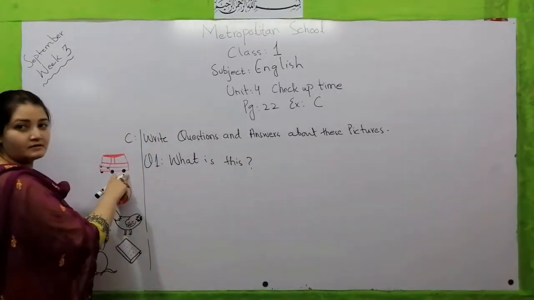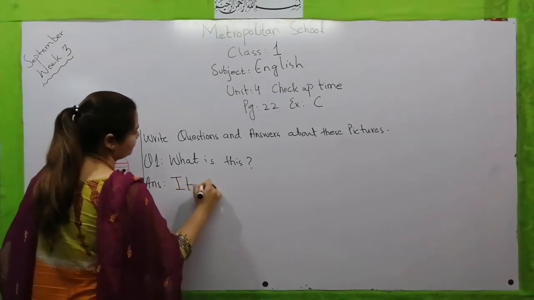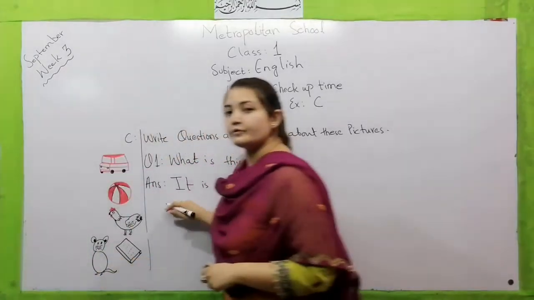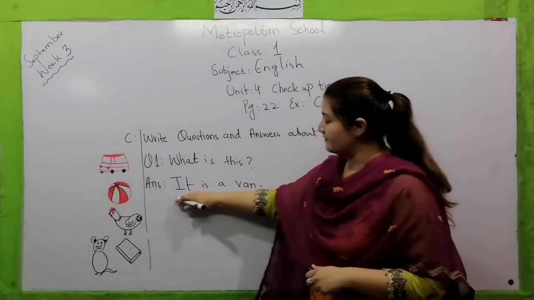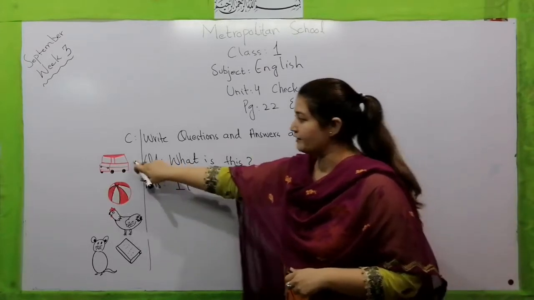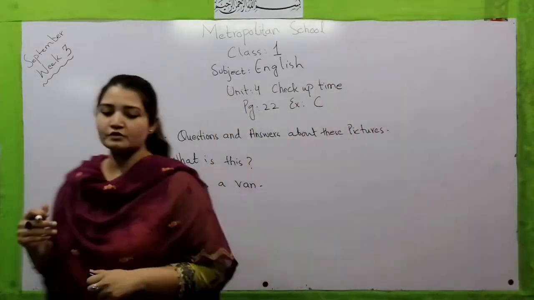You can write the answer as, it is a van. Now here you can see that in the answer of this question we have used this pronoun it. What is this? It is a van. Now let's move towards the next question.